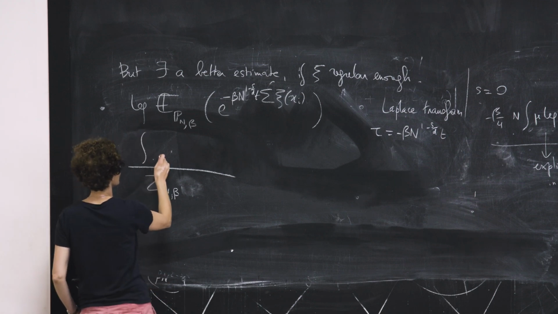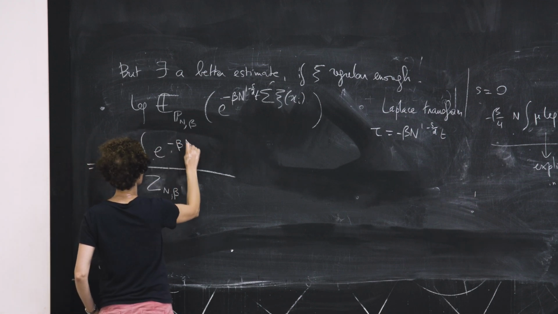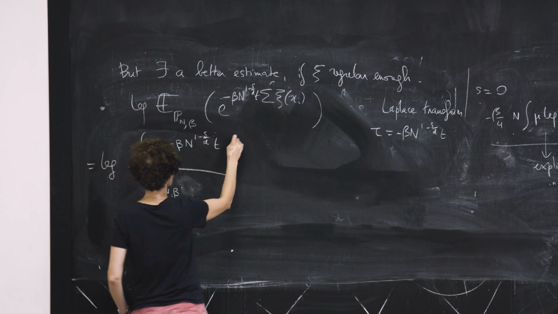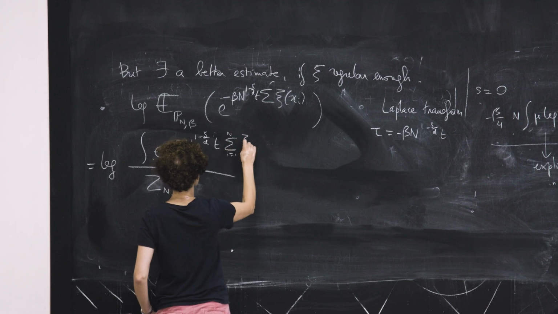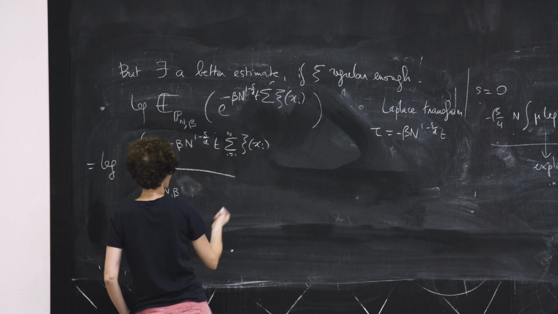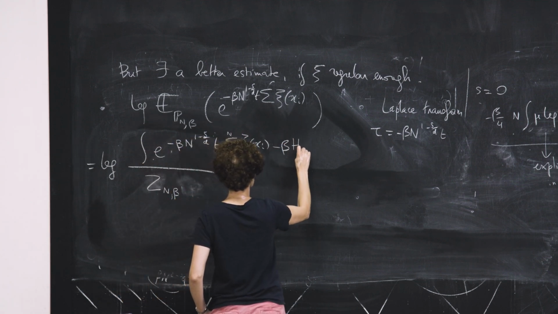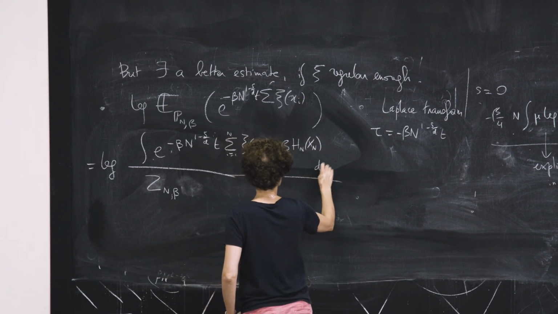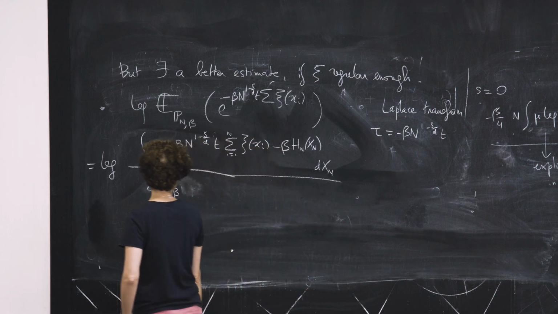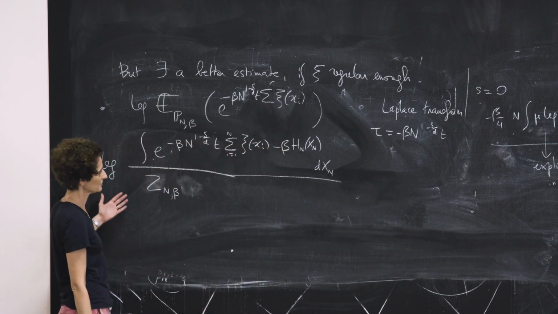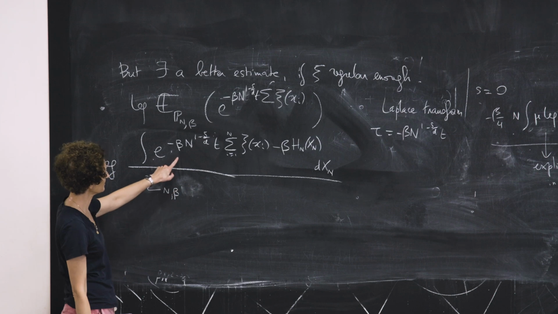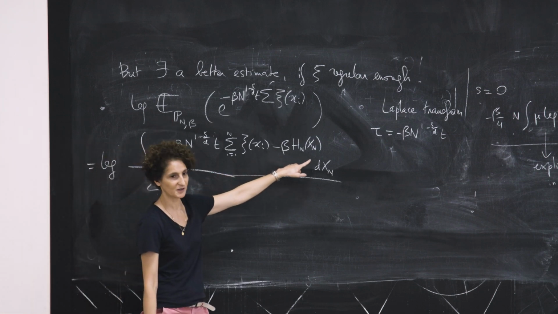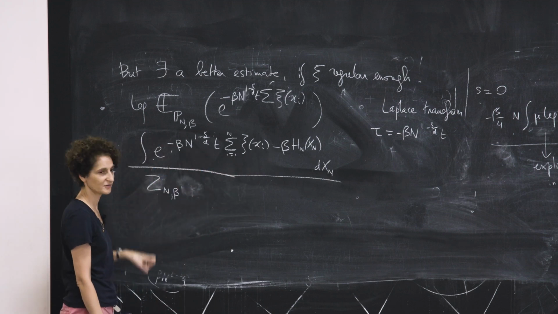And in the numerator, I put e to the minus beta n^(1 - s/d) t sum of Xi of x_i. And I have to put the energy, right? Minus beta H_n of x_n. So it's a big ratio like that, right? So just the definition of the Gibbs measure: e to the minus beta H, put this in front, divide by Z_{n,beta}.